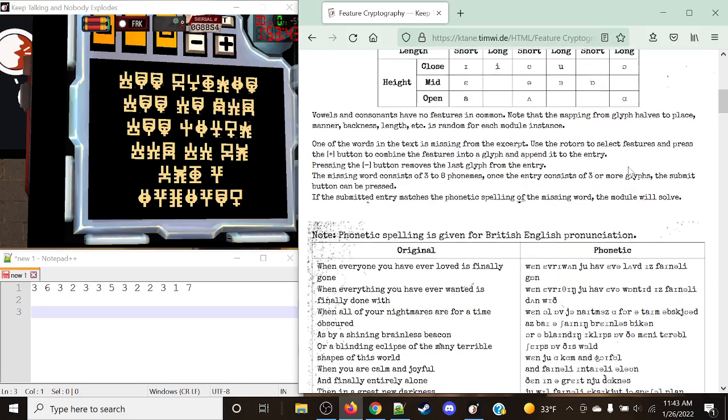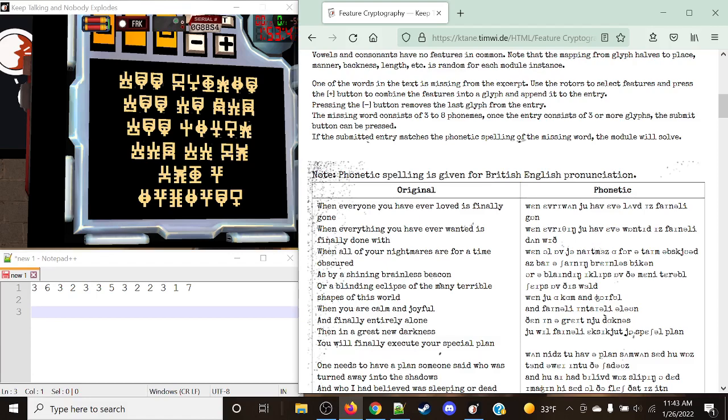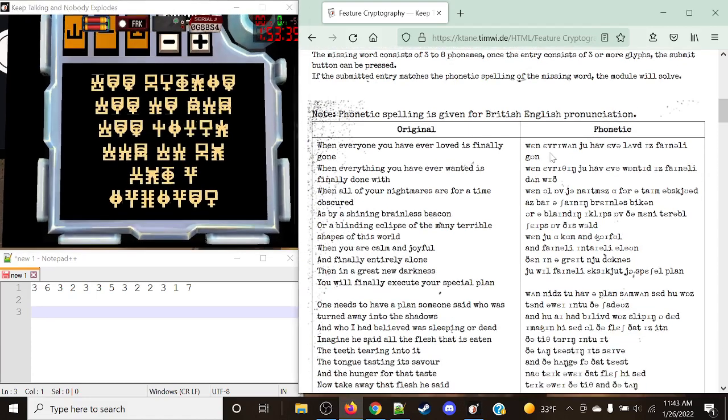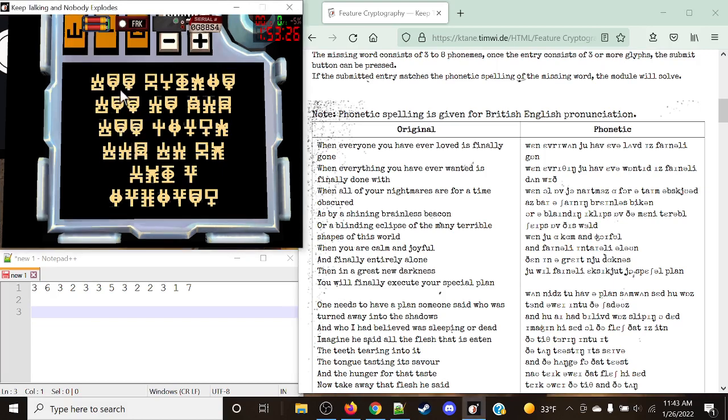Now, let's see if we can figure out the phonetic part here. A good spot would be starting at those 3s and the 6 immediately afterwards, and figuring out if we can find some of these characters that are the exact same. So let's find a 6.